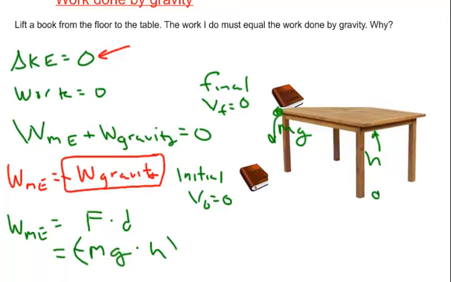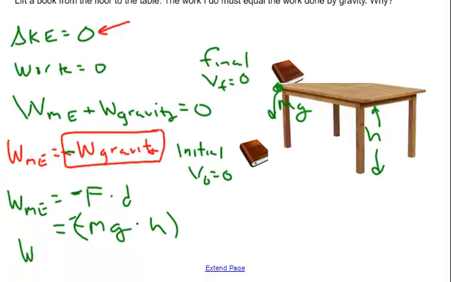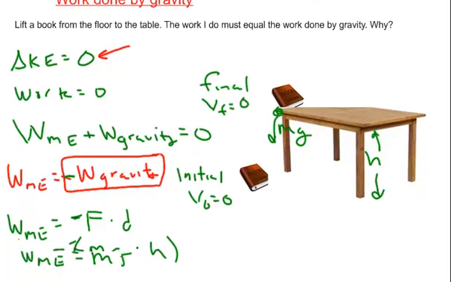And remember, the work done by me is the negative of that whole thing. Therefore, in order to find the work that I did on this, I had to investigate the work that gravity did on this. So the work done by me is mgh.